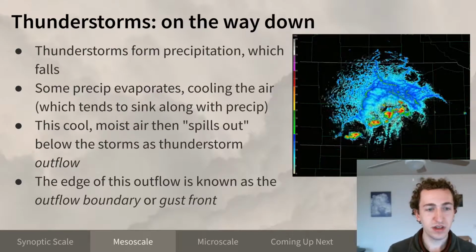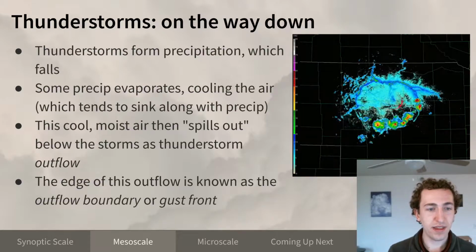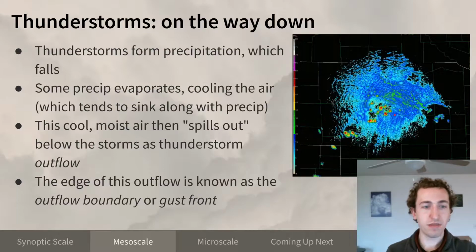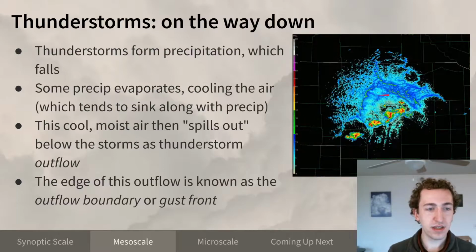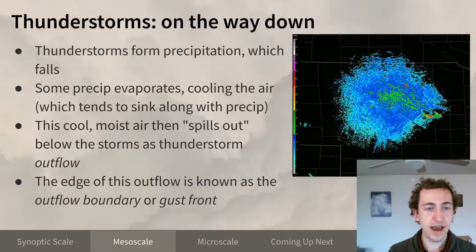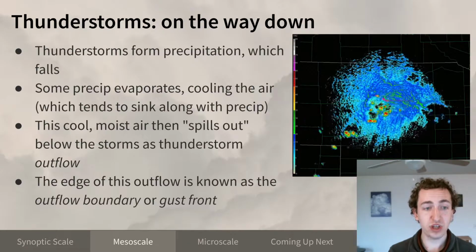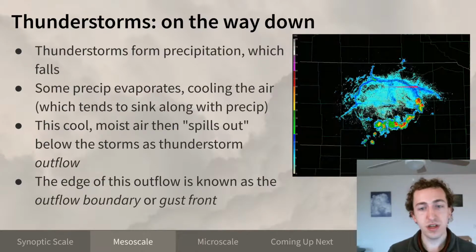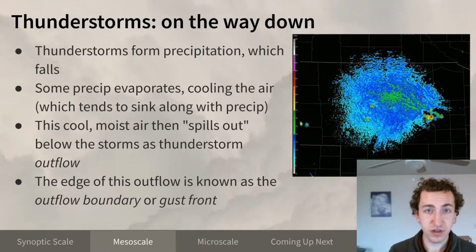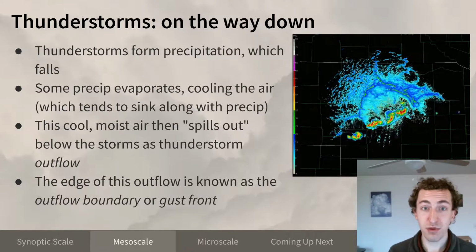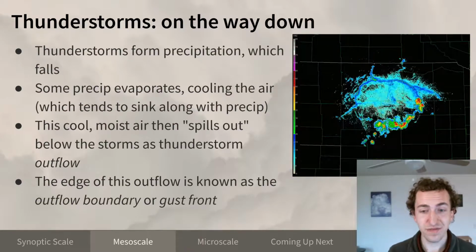We have these storms popping up, and then the cool, moist air that spills out from beneath them ends up forming this sort of bubble, where it's all spilled. And the boundary, which is what shows up most clearly on this radar imagery, is what we call an outflow boundary or a gust front. And that will become important later on as well.